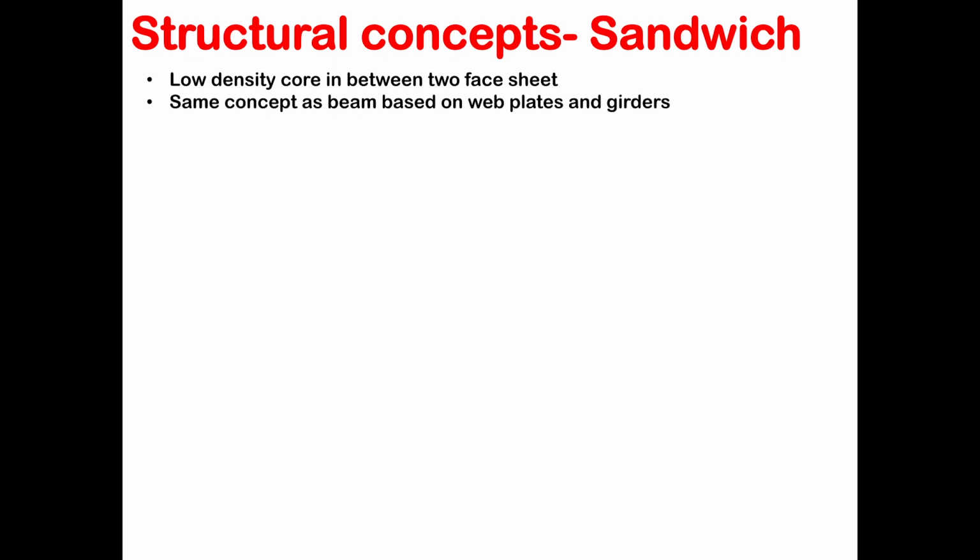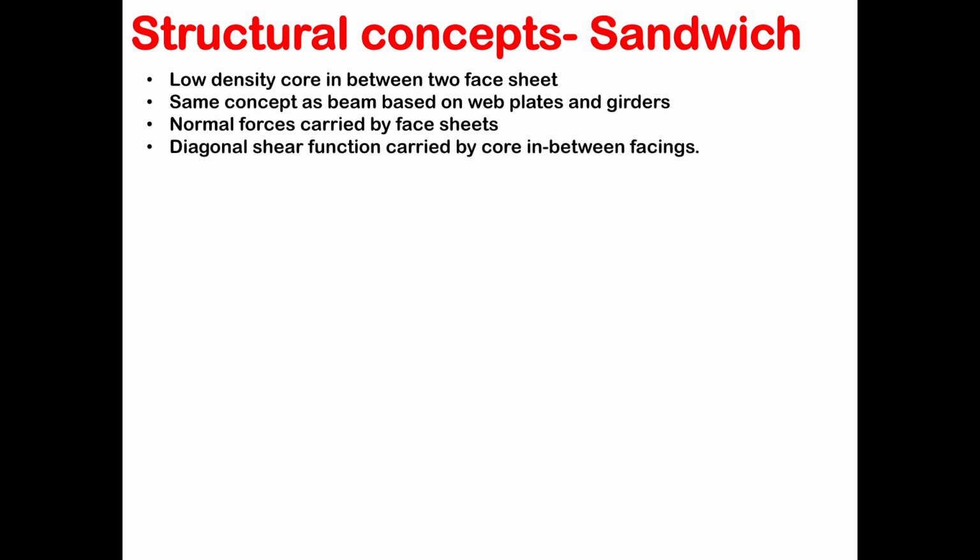Another type of structure that is worth mentioning is the sandwich structure. It has a very low density core between two face sheets, hence a sandwich structure. It's the same concept as a beam based on a web plate and girders, and we're going to see a comparison later on. Normal forces are carried by the face sheets, and the diagonal shear function is carried by the core in between.